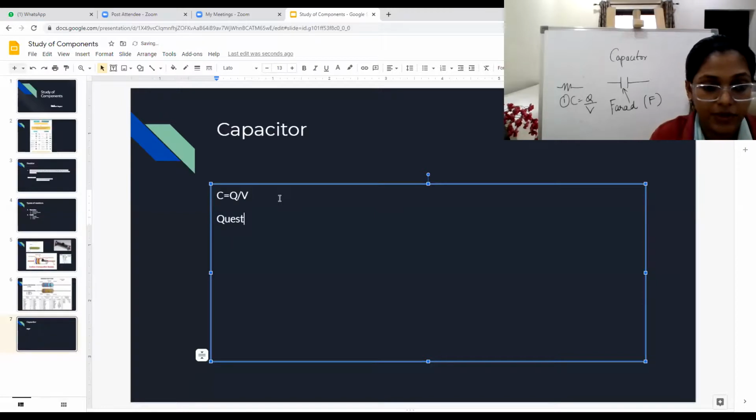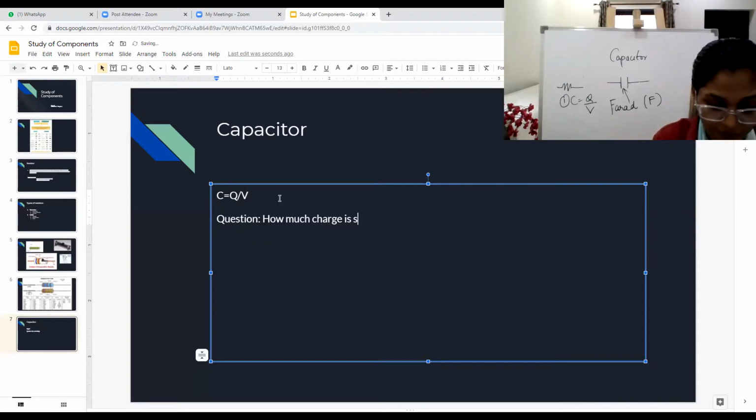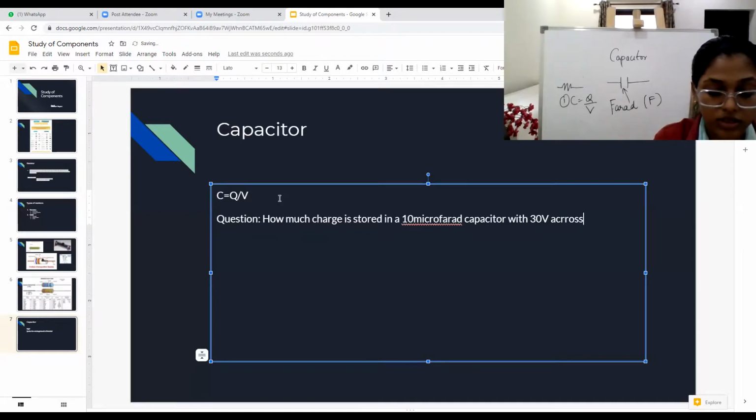Okay, here is the question. Please write with me. How much charge is stored in a 10 microfarad capacitor with 30 volts across it?